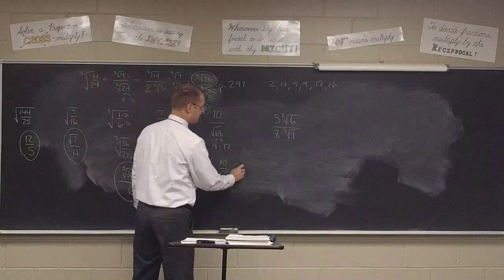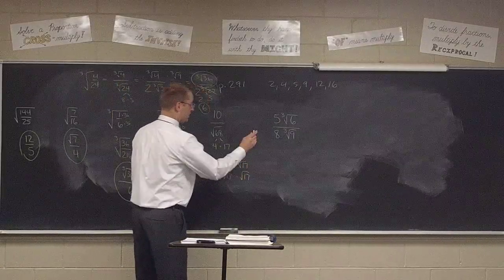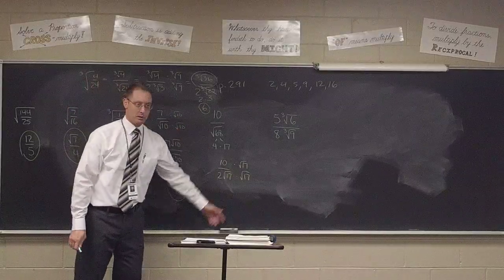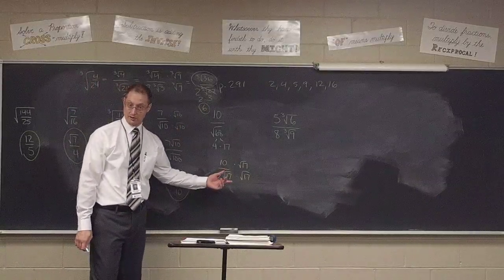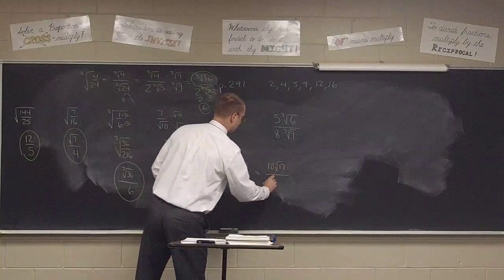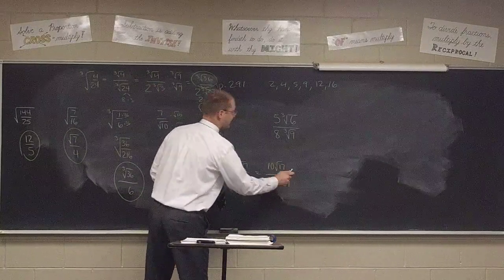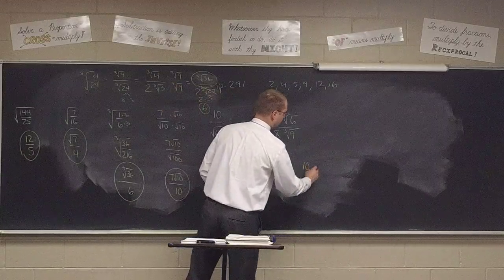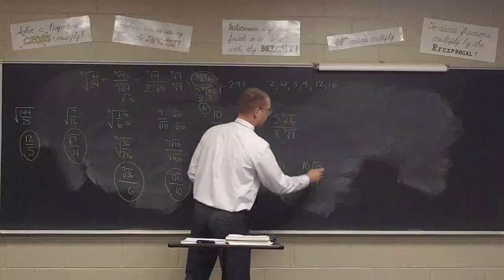Square root of 17. We were going to take forever multiplying if we try to get our way up to 17, right? So here, 10 times the square root of 17 over 2 times the square root of 289, which of course we already know is 17, gives us 10 times the square root of 17 over 34.